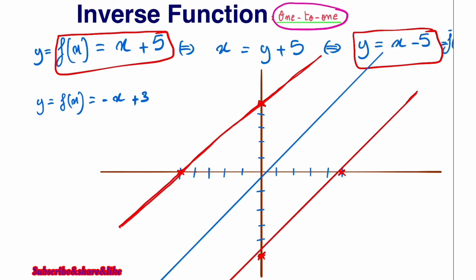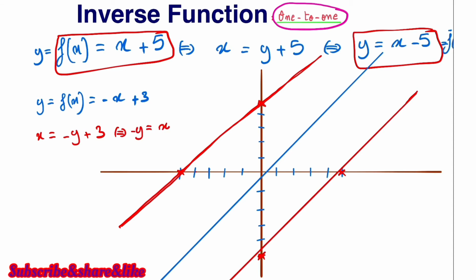We switch x and y, so in this case it will be x equals minus y plus 3. So we solve for y: y is equal to minus x plus 3.